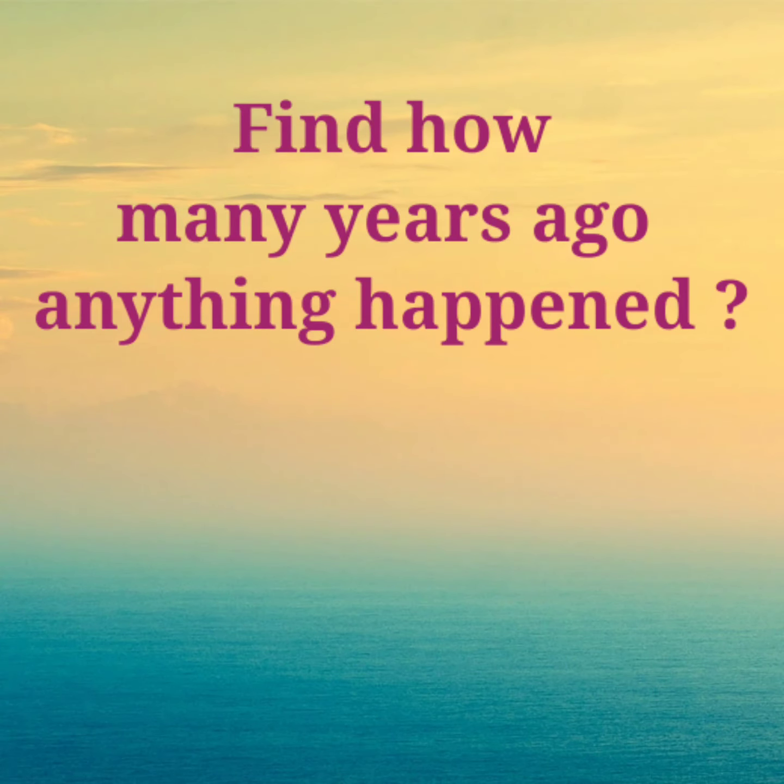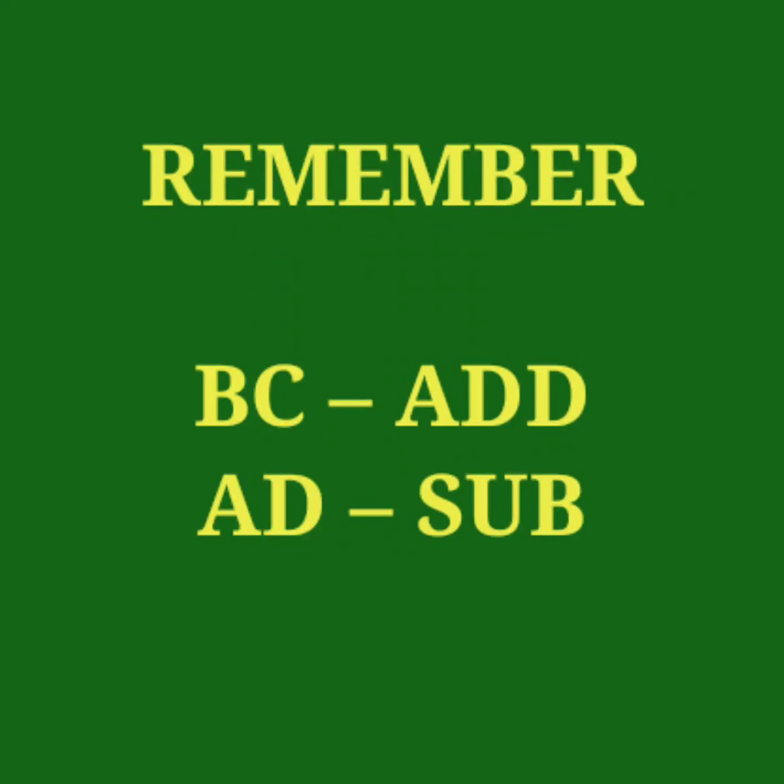Now if you want to find how many years ago a battle or anything which is given in AD or BC happened, then how to find it quickly? Let's understand that concept also. For this concept, you have to remember two things.